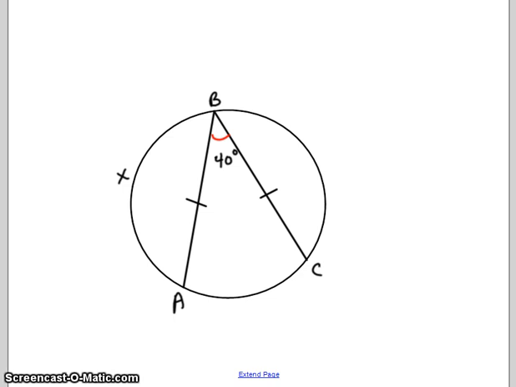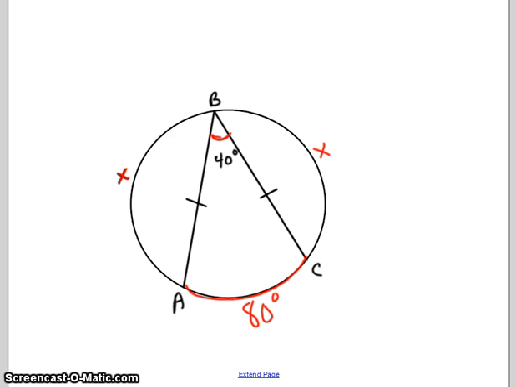So if x is the same here, then it's also the same over here. And the measure of angle B is 40, so the measure of arc AC is twice the measure of the angle. So that would be 80 degrees.